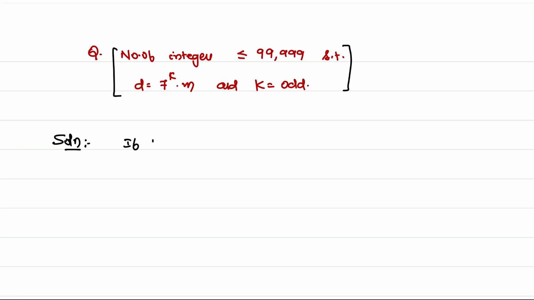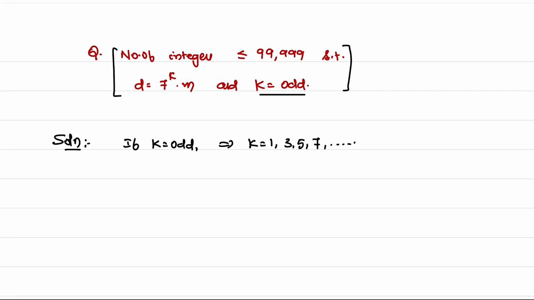If k is odd, that means k is equal to 1, 3, 5, 7. We should not take the even powers because it is given that k is odd.